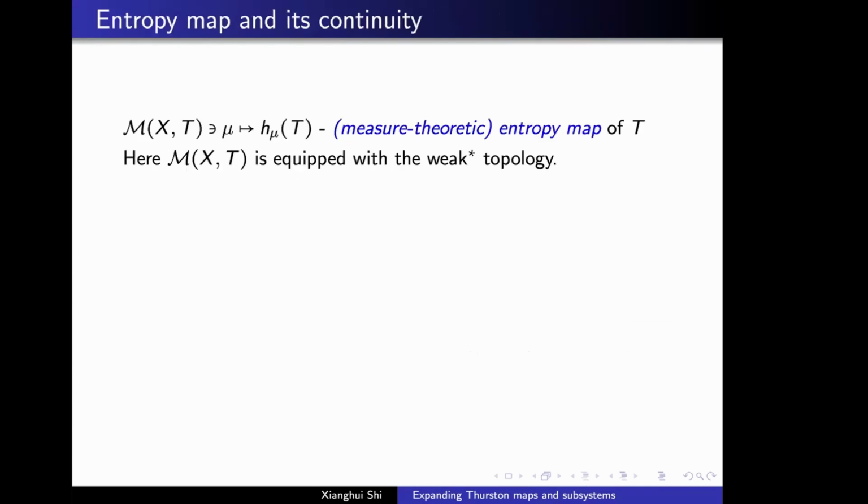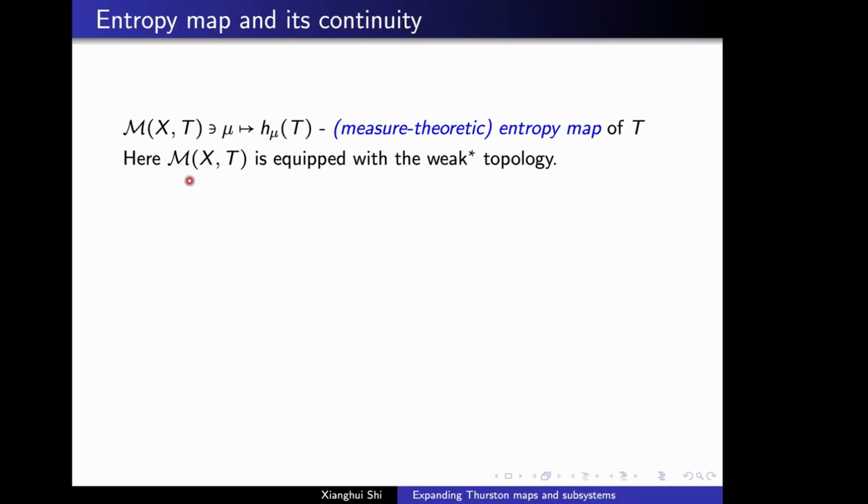Now I would like to move on to our first result about the continuity of the entropy map. Here the entropy map is defined on the space of invariant measures. It sends an invariant measure to its measure-theoretic entropy.